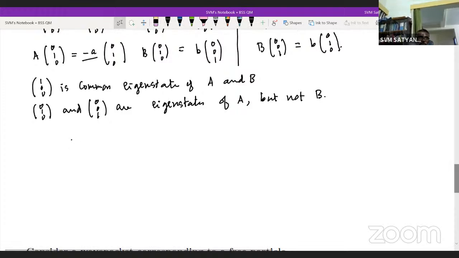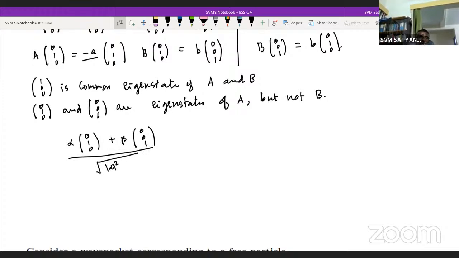That means if I take alpha times 0 1 0 plus beta times 0 0 1, divided by square root of mod alpha squared plus mod beta squared, and I operate A on this, I will get minus A times this state. Is that clear?